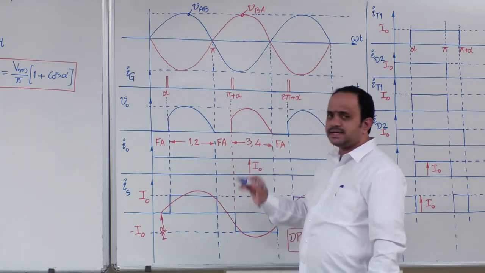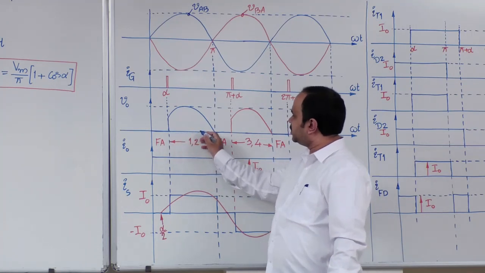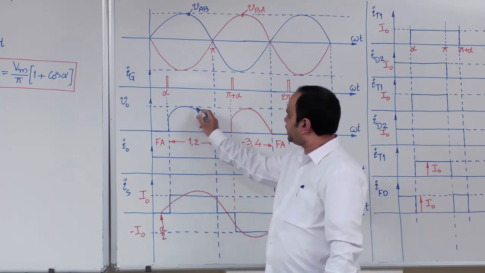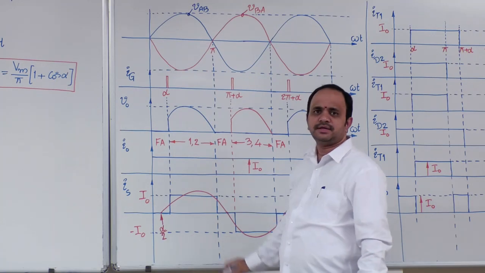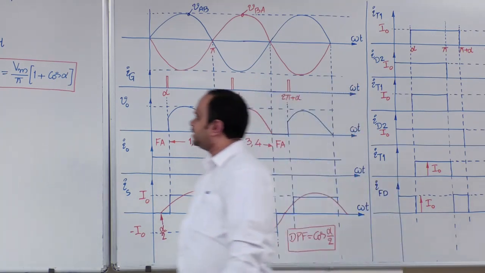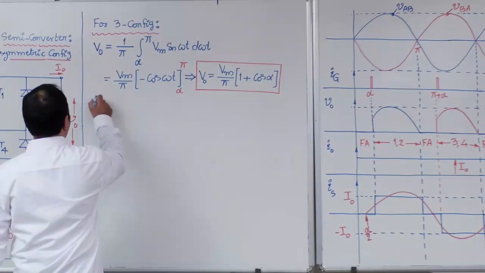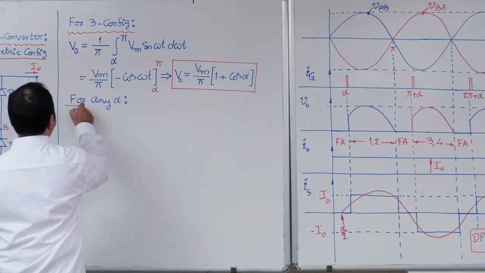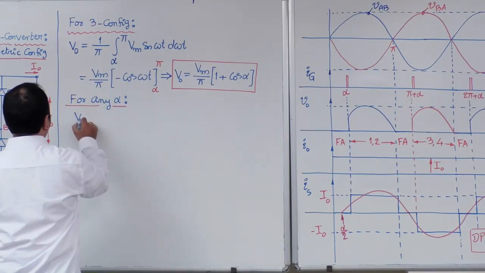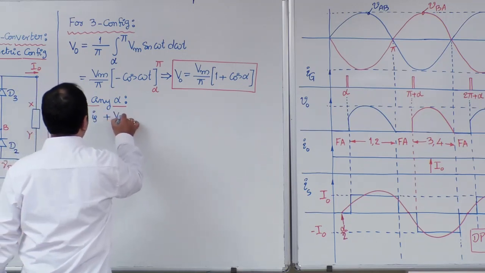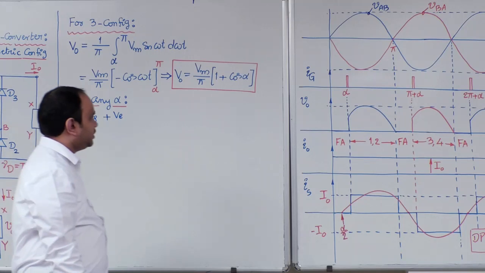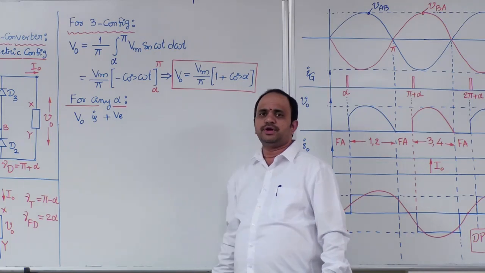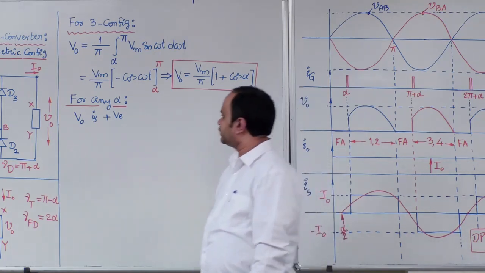But now, imagine if I increase alpha beyond 90 degrees, due to the freewheeling action, the output voltage waveform will never enter the negative side. So for any alpha, the average output voltage is positive because of the freewheeling action. Even if you increase alpha beyond pi by 2, the average output voltage is still positive only.